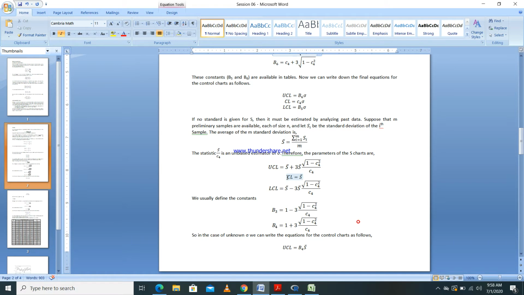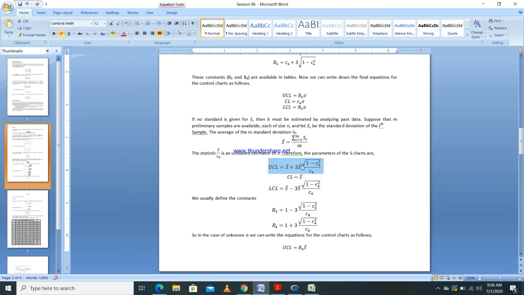So in that case, your center line would be S bar, the mean value of the sample standard deviations. The upper control limit is S bar plus 3 times S bar into the square root of 1 minus C4 squared, over C4, and the lower control limit is S bar minus 3 times S bar into the square root of 1 minus C4 squared, over C4.